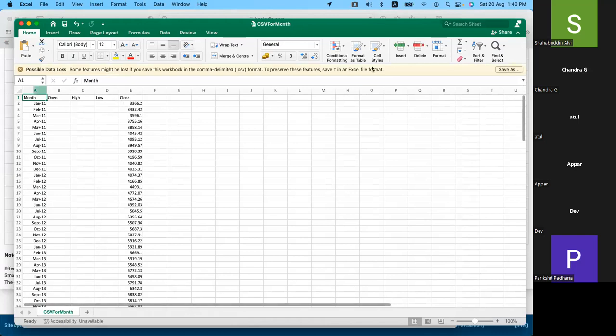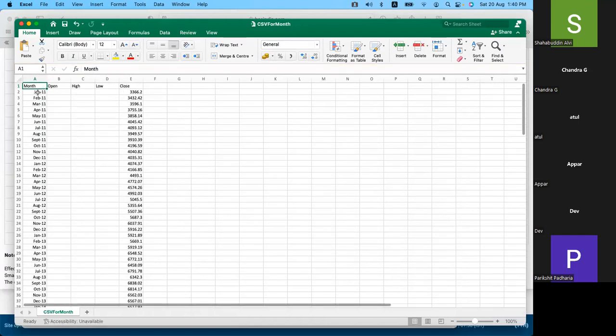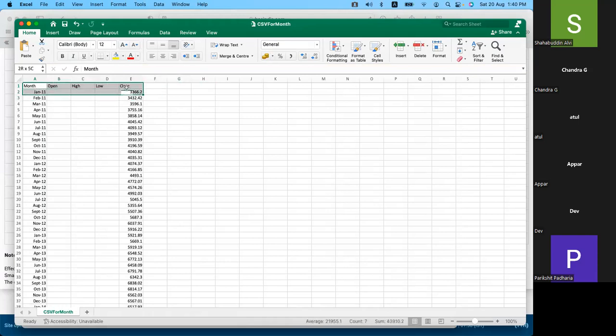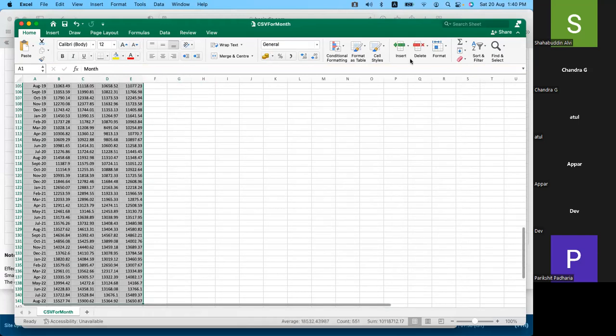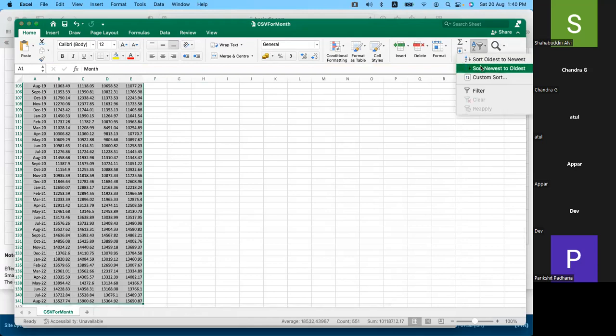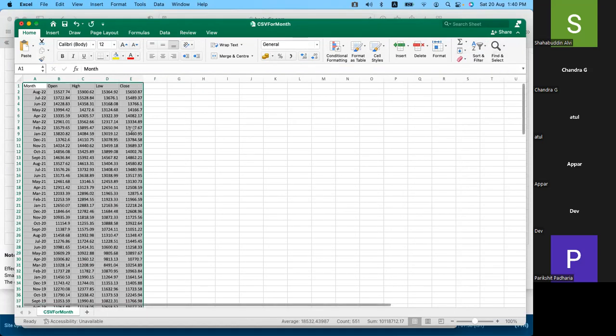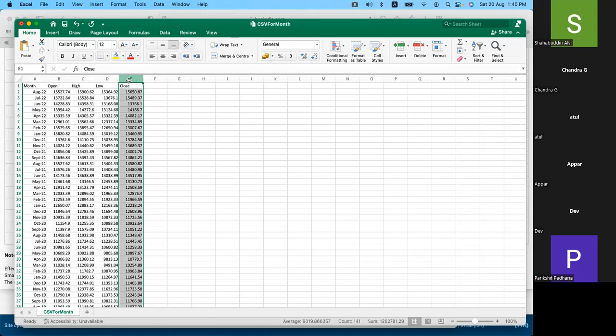Okay. Reverse sort. Select all and reverse sort. Yes. Delete August. Only the close column, right? No, delete August. Delete.